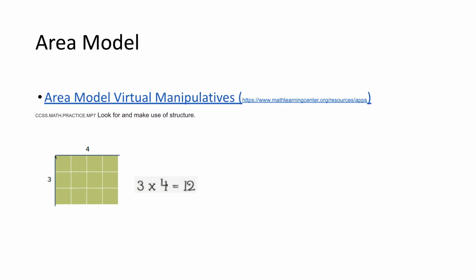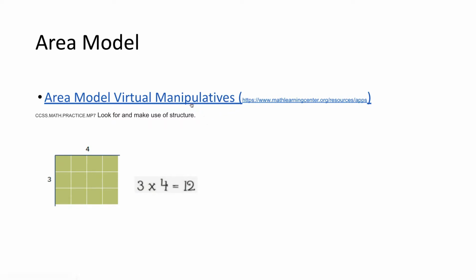To represent 3, you can show 1, 2, 3. To show 4, you can do 1, 2, 3, 4 here. 3 times 4 is how many squares are in this rectangle, right? So 3 times 4 is 12. We can always extend this to longer digits of numbers.